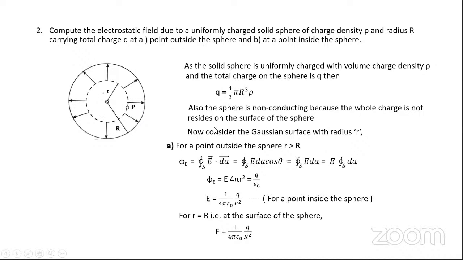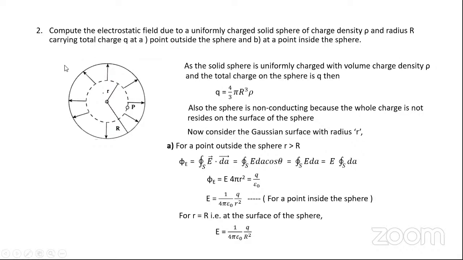So when we calculate for a point outside the sphere, where r is greater than R, you can find phi E is equal to the closed surface integral, according to Gauss law, and everything will be the same as in the conducting medium. Then you have E is equal to 1 upon 4 pi epsilon 0 Q divided by r square. That means outside the sphere there is no difference, since it encloses the charge.